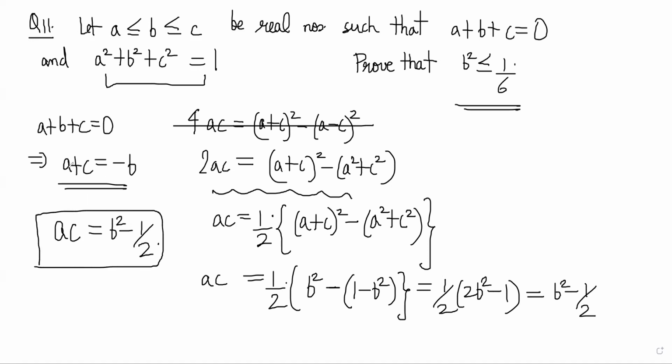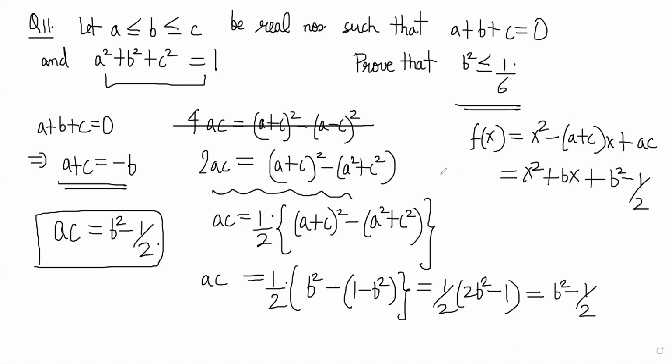And the sum a plus c is minus b. So if you think of a quadratic function f of x whose roots are a and c, it should look like this. Rewriting the values, this polynomial looks like x square plus bx plus b square minus half. This is your f of x. This quadratic has roots a and c.